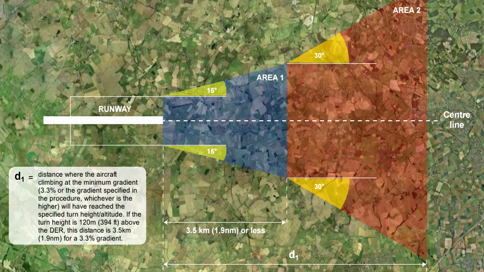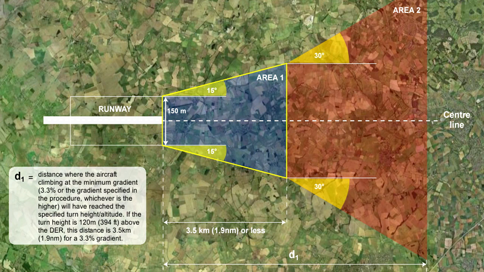That is, 48 feet per nautical mile. But what defines the lateral extent of the MOC footprint? The footprint leaves the DER 75 metres either side of the extended centerline and splays away at 15 degrees. That is, if you recall, because track adjustments to 15 degrees are allowed.